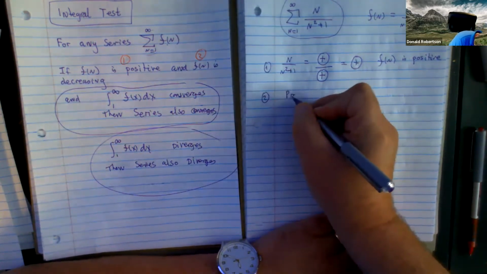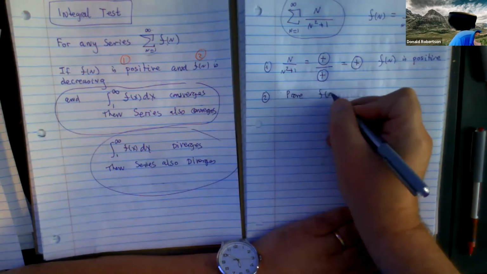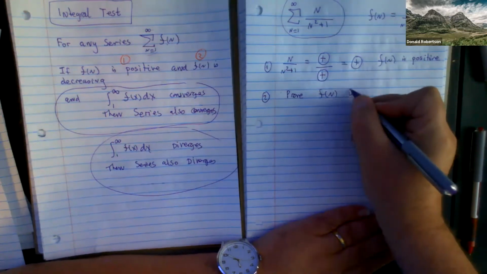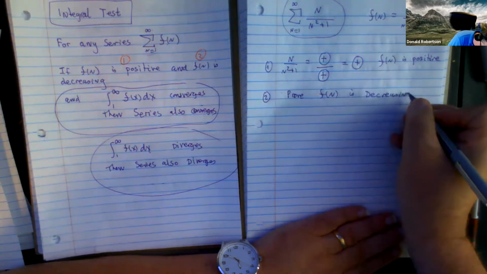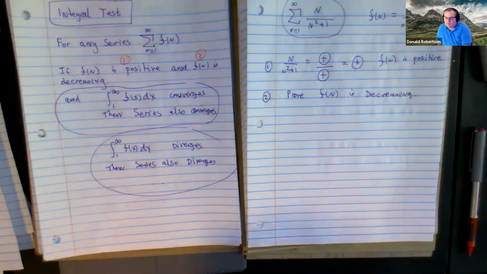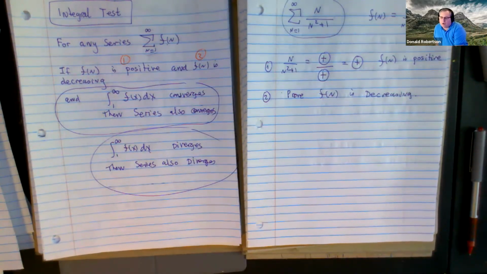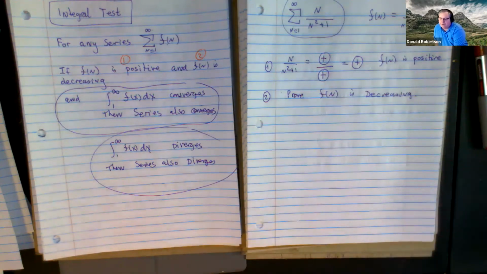Two's typically going to be more difficult. I have to prove that this thing here is decreasing. Way back in one of your previous calc classes, you could use something to prove a function was decreasing.